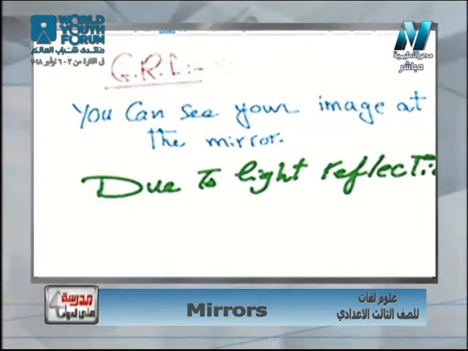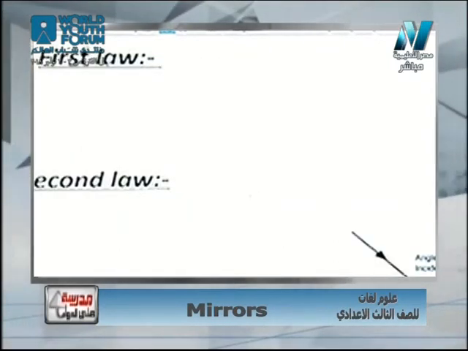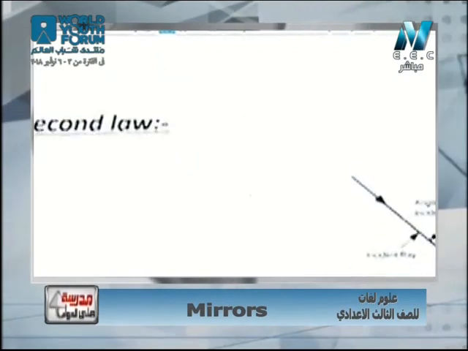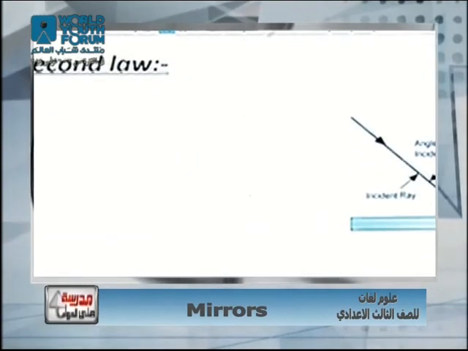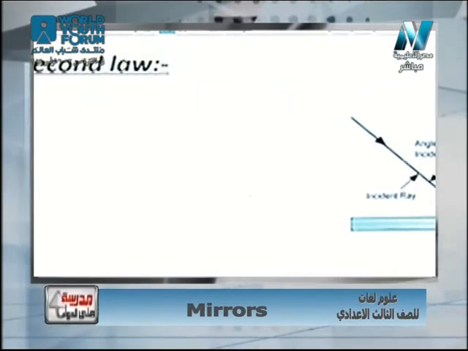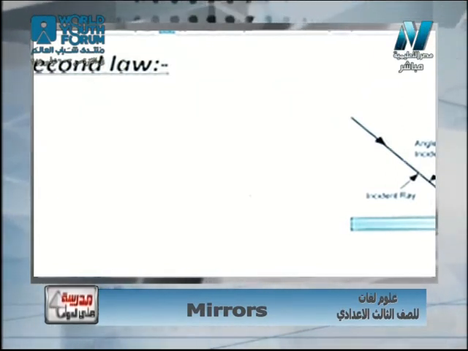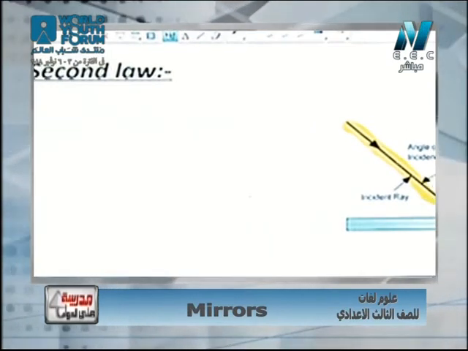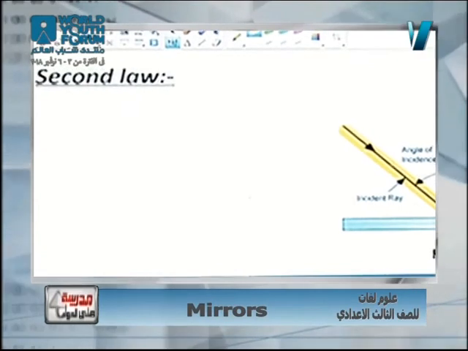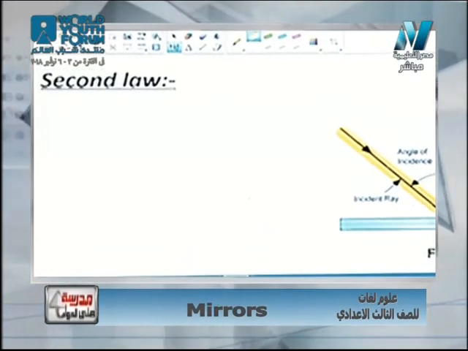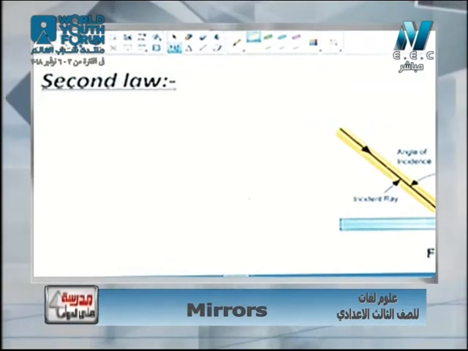Next point, here we have the first law of light reflection. Here we have number 1, number 2, number 3. As in this figure, we have the incident ray, we have the reflected ray, and in the middle we have the normal line.